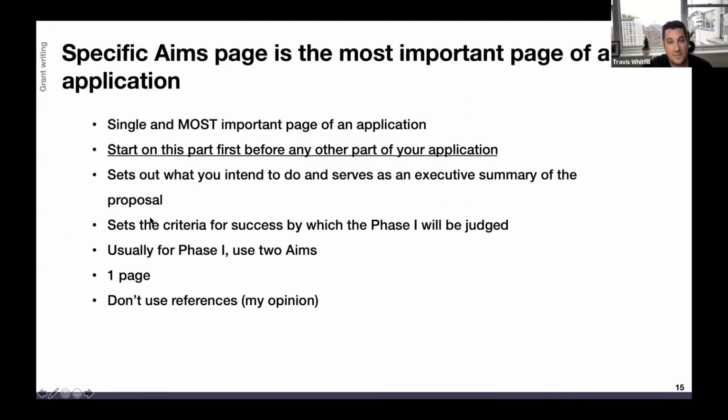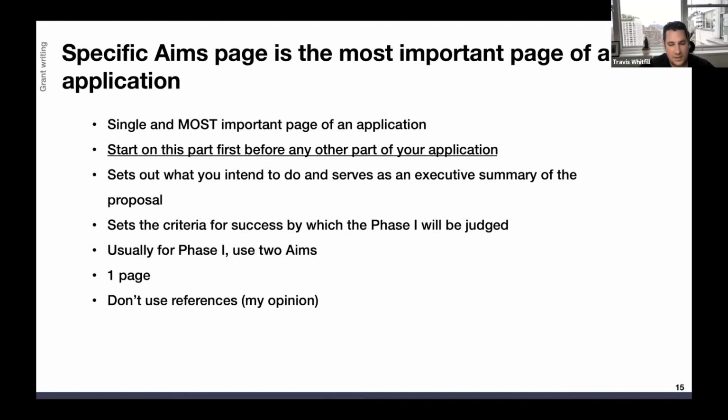In my opinion, the specific aims page is the most important page of the entire application. I've been in study sections at NCI and have been part of the peer review process. I think this is the number one most important element because it's a single page.